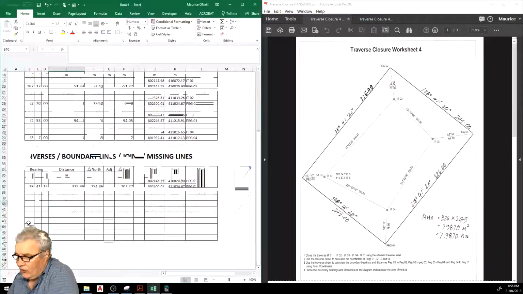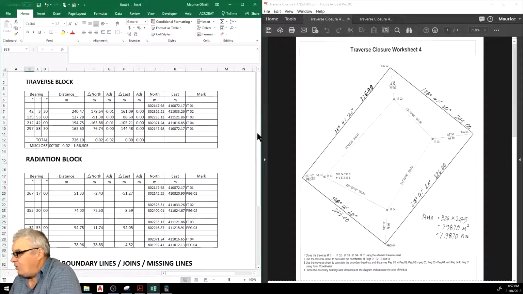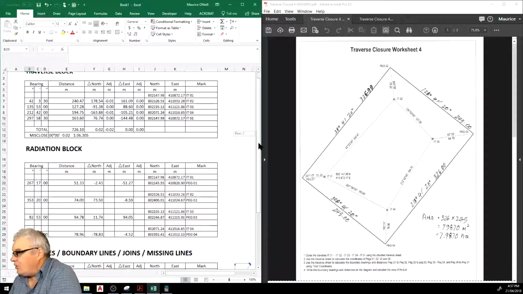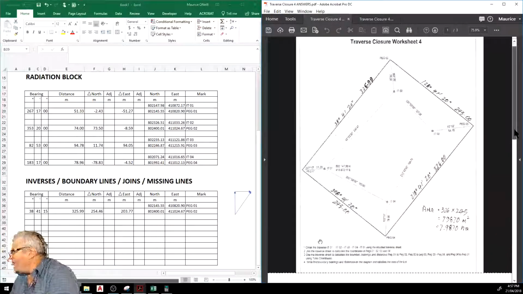So let's do a couple more of those. If you think you've got it now, you could carry on, obviously, since you've got the answers. I'll just do a couple more and see how we go. What we want to do now is check a little bit here.